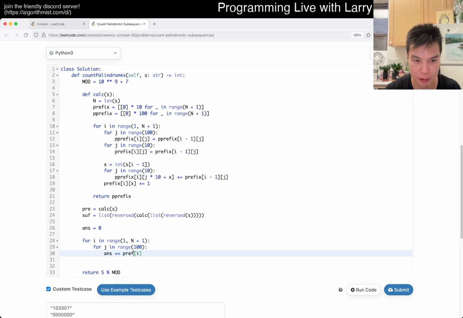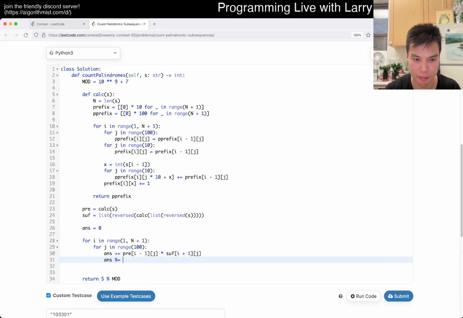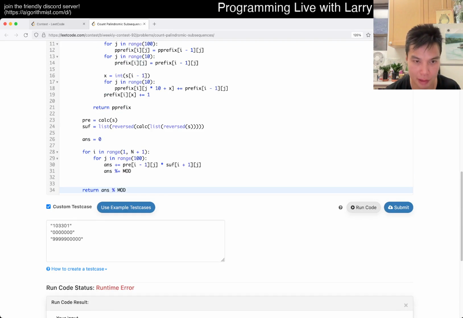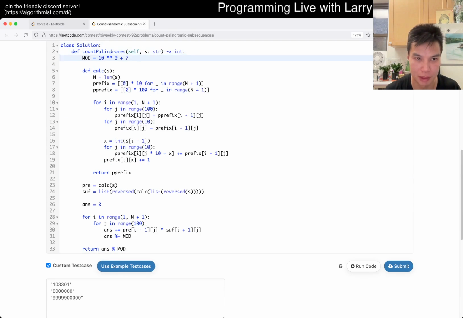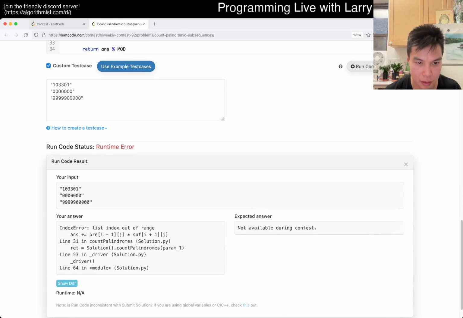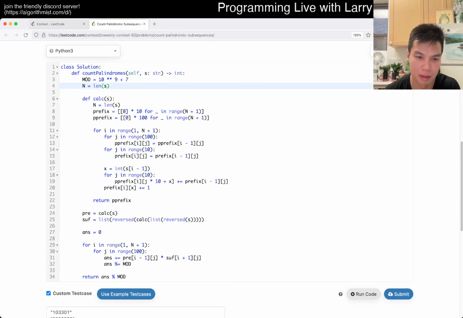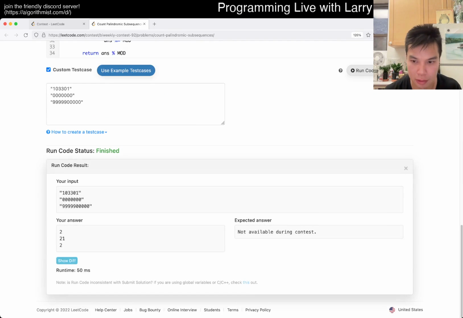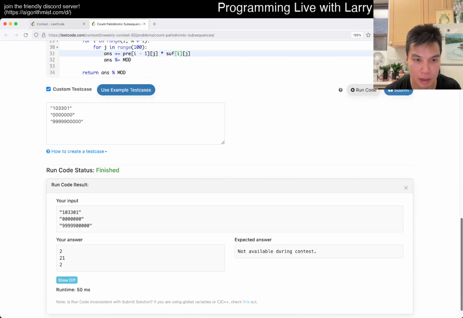Yeah, pre i minus 1 j times the suffix of i plus 1 j. Okay, let's get the base case right. N is not defined, of course. Why would N be? Oh, I think when the suffix is just i. Okay. Am I confident?